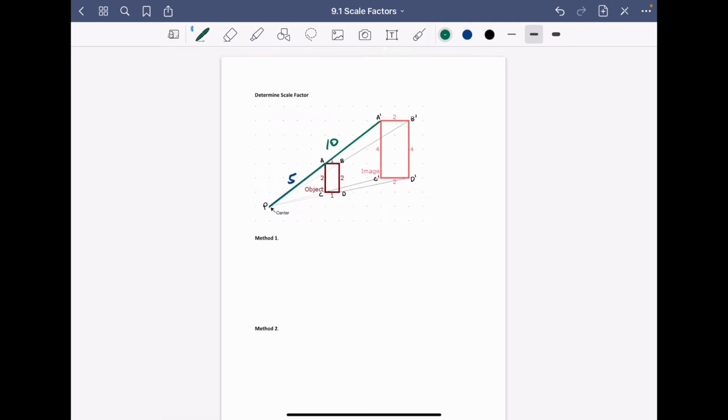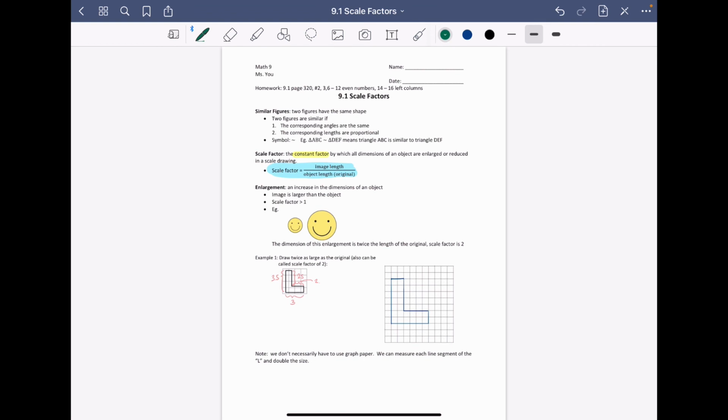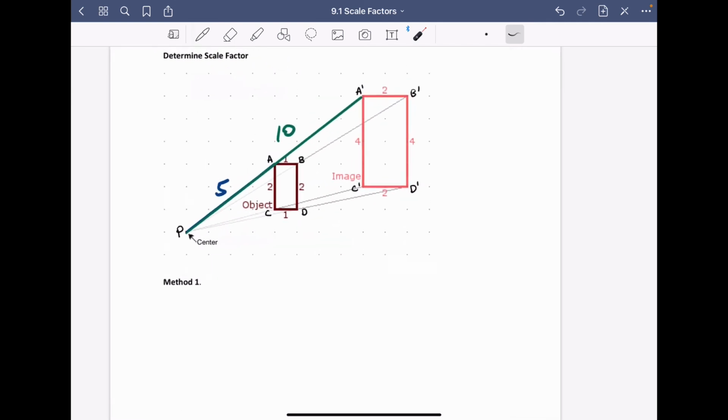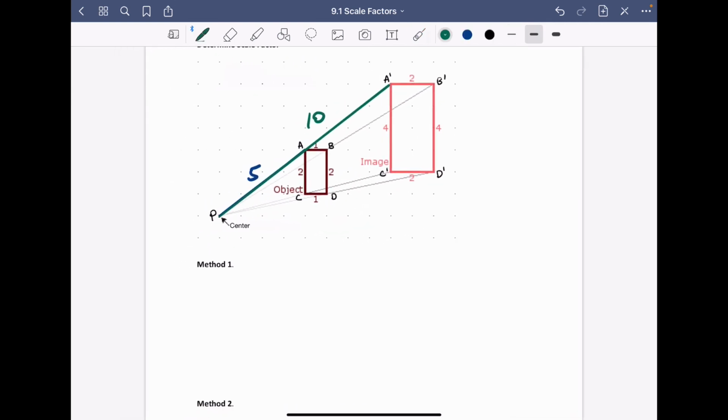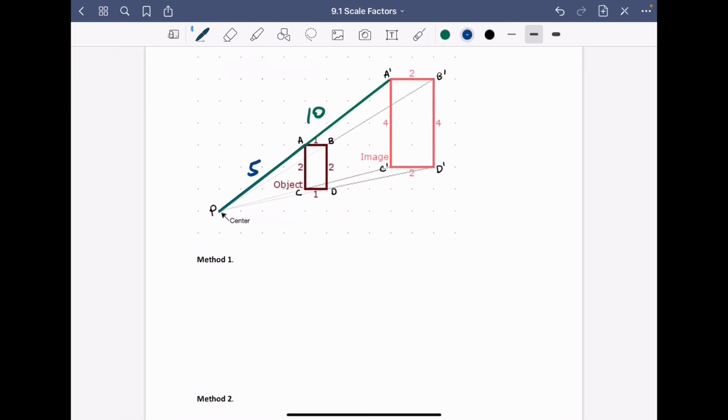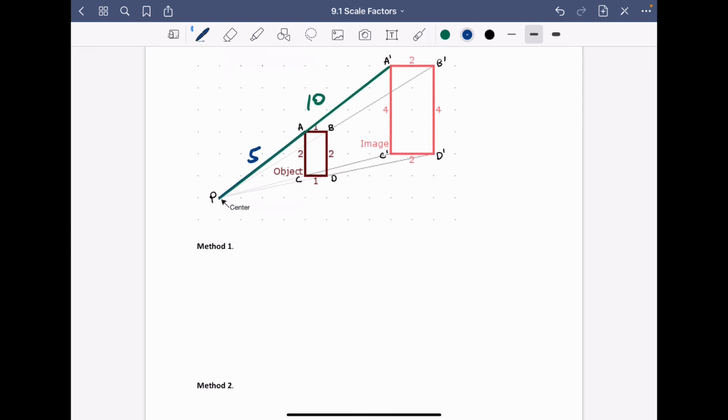And we learned already that scale factor is equal to the image length over the object length. So the same can be used here. We can use the distance between the center to image over the distance between the center to the object, and that will give you the scale factor.